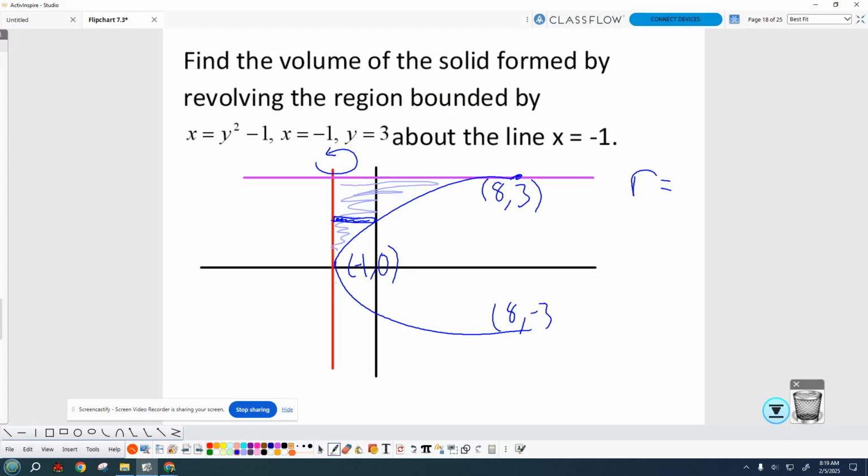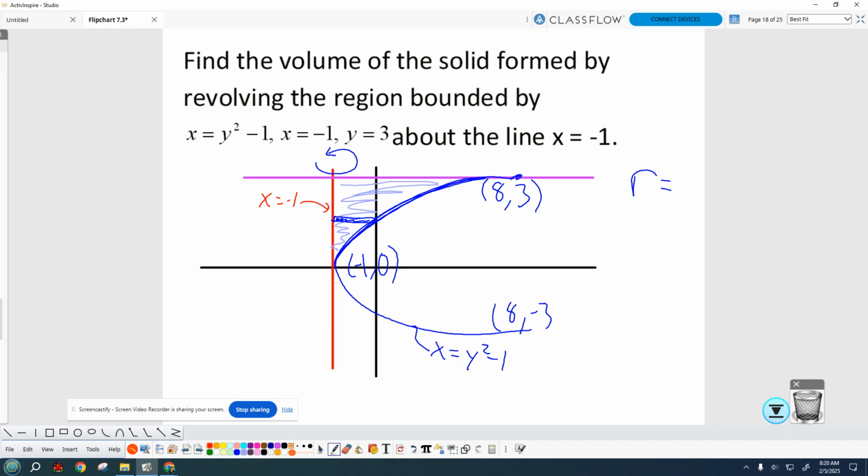So the equation that Kari drew is x equals y squared minus 1. That's the right side of the curve. So right minus left. y squared minus 1 is the right, minus the left, which is -1.